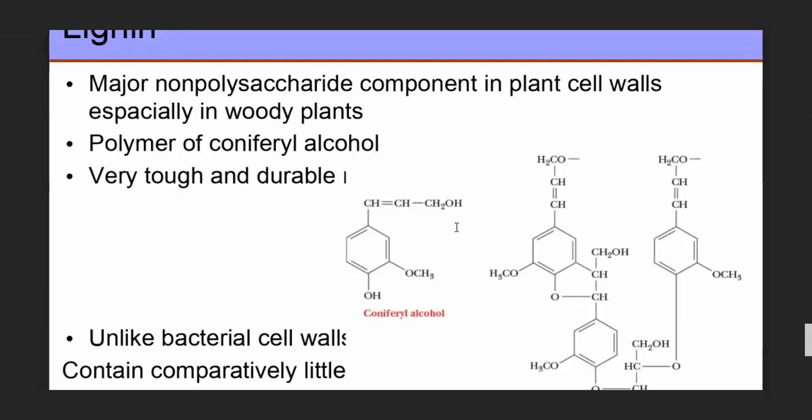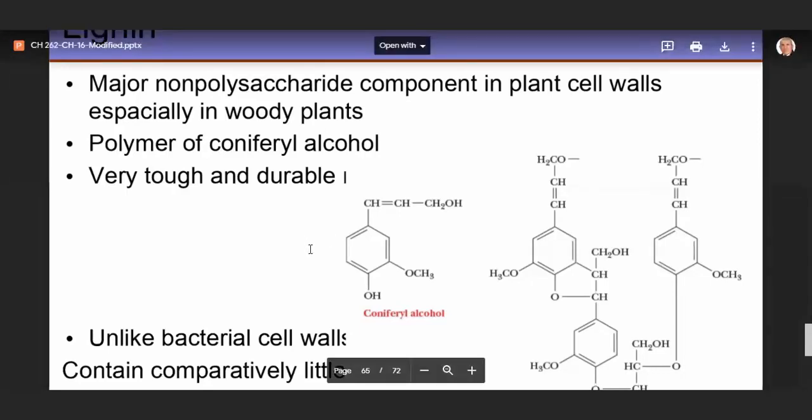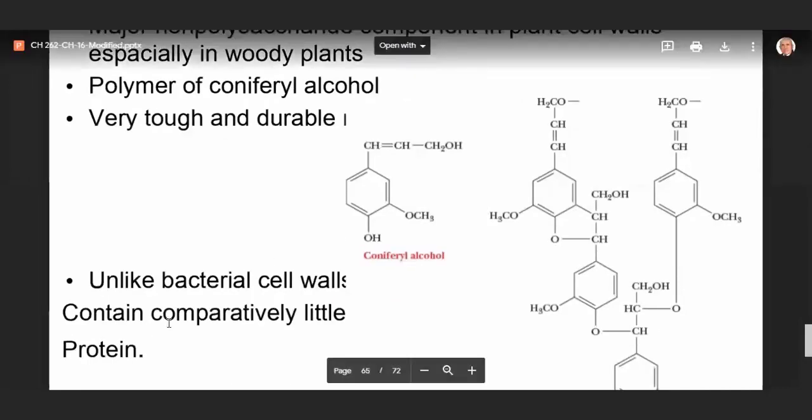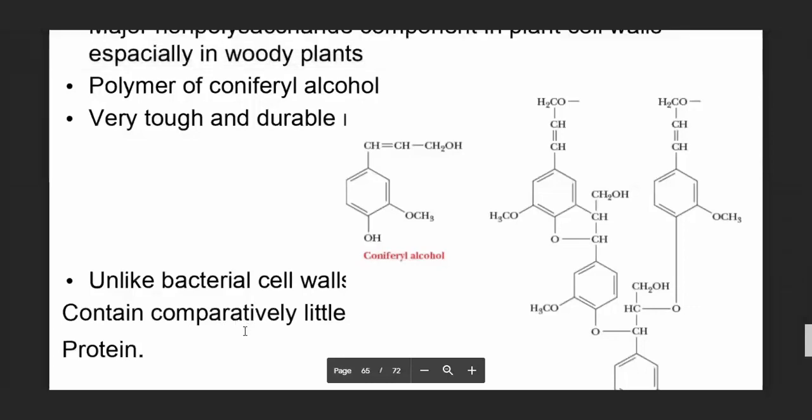Lignin, from the Latin lignum meaning wood, is found especially in woody plants. It is a very tough and durable material, but unlike bacterial cell walls, plant cell walls contain comparatively little peptide or protein.